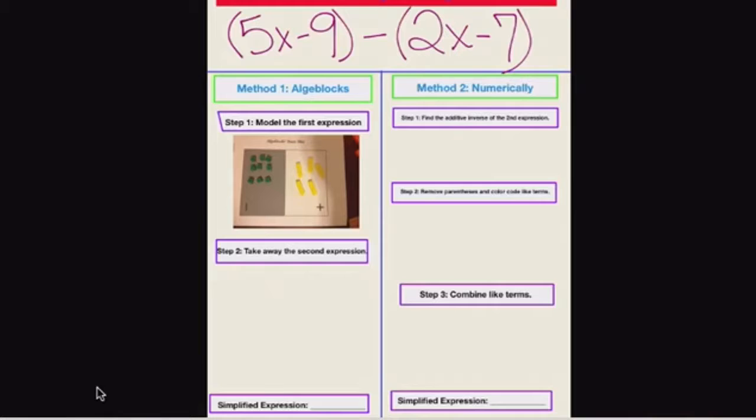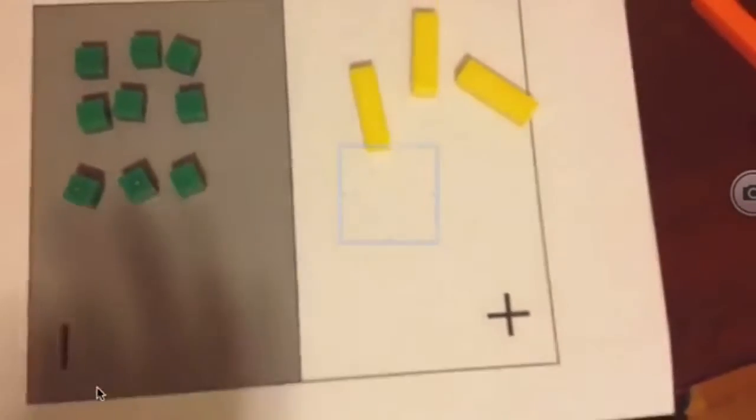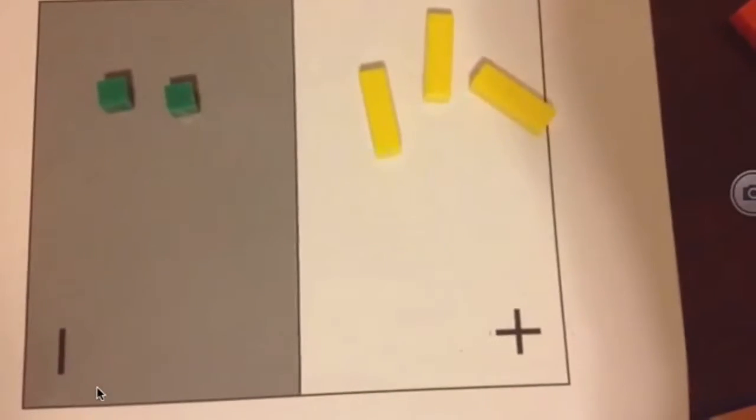Okay, and we're going to go ahead and take away our second expression, which is 2x minus 7. So again, we're going to be taking away positive 2x. And now we're taking away negative 7. We're taking away negative 7, so we're going to take 7 of these away. Go ahead and take a picture.